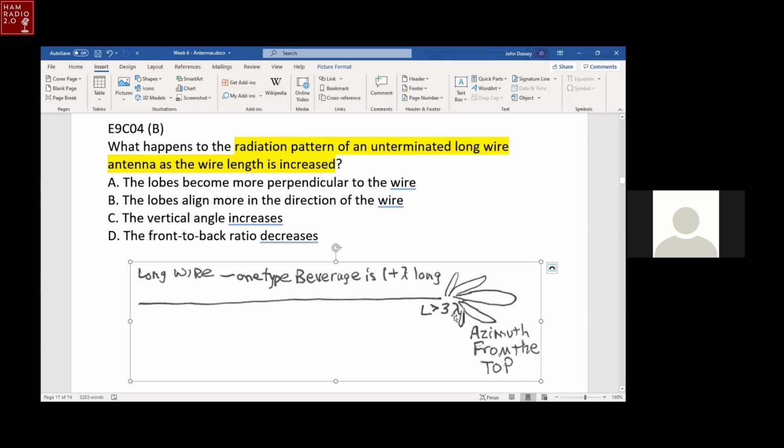And what happens is, this stuff at the end on the right was an attempt, but fell apart quickly, of showing the azimuth antenna pattern. So as the length is increased, this main lobe that shoots off the end of the antenna gets bigger and bigger, and these side lobes will be reduced. These are called side lobes. This is the main lobe that comes off the end of the antenna.